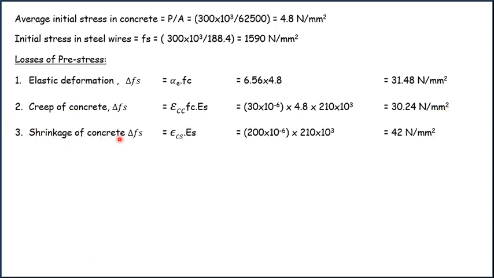The third one is shrinkage of concrete, epsilon Cs into Es. This also acts on the steel. The Young's modulus multiplied by the strain gives the stress, because strain equals stress divided by modulus of elasticity, or modulus of elasticity equals stress upon strain.